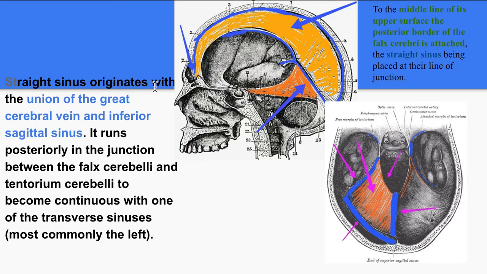Coming to the straight sinus. So first let's recall the falx cerebri and the tentorium cerebelli. Okay, so we had seen that to the midline of the upper surface of the posterior border of the falx cerebri is attached. Okay, so this is the tentorium cerebelli, which divides the brain into supratentorial and infratentorial compartments. Okay, so along this border, along the midline, we see the attachment of the falx cerebri, right?